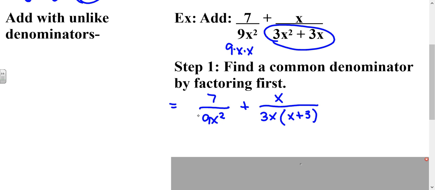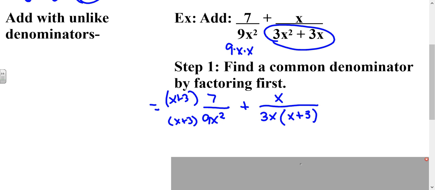So I need to see what's missing from this side. Well, this side is definitely missing an x plus 3 for sure. So it's definitely missing an x plus 3.